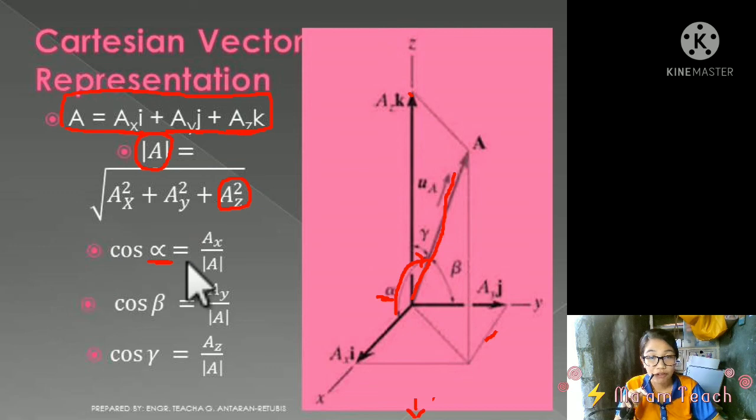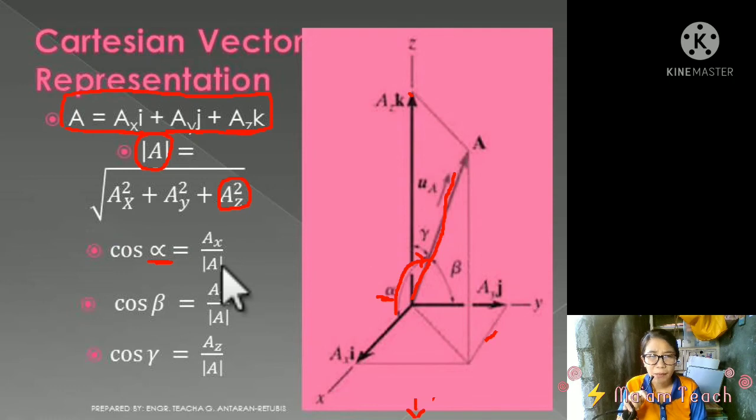Cosine alpha is equal to your x component all over the magnitude of your vector A, or the resultant, the vector itself. You just divide your x component by the magnitude of vector A. Again, that is how you solve for alpha.